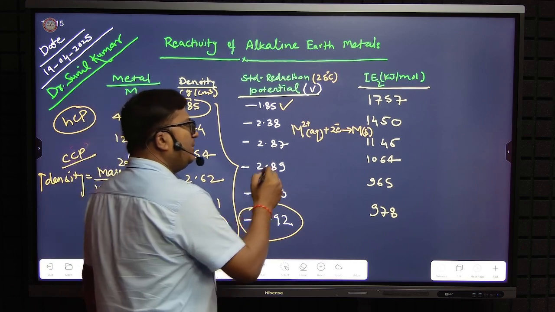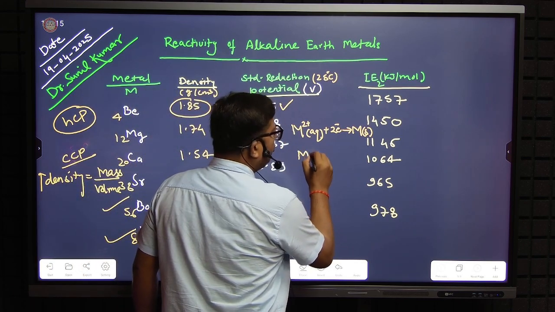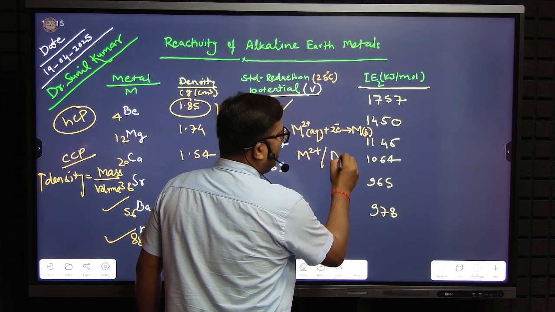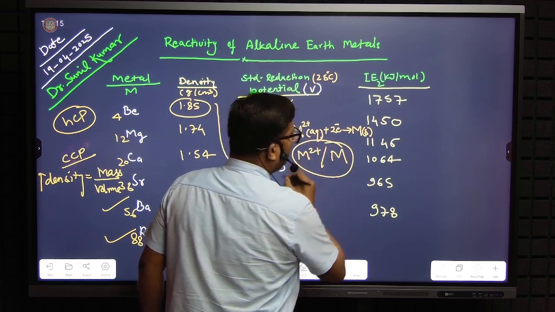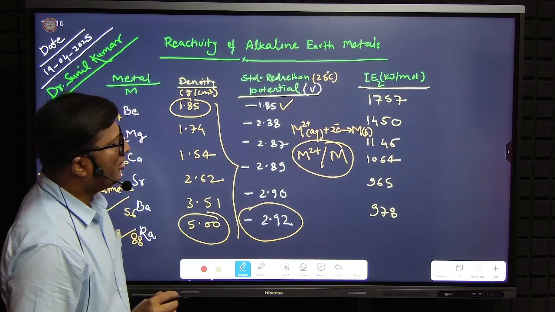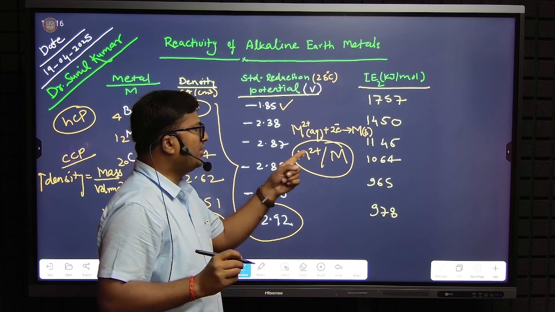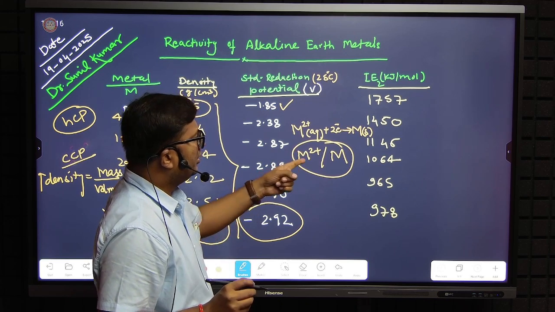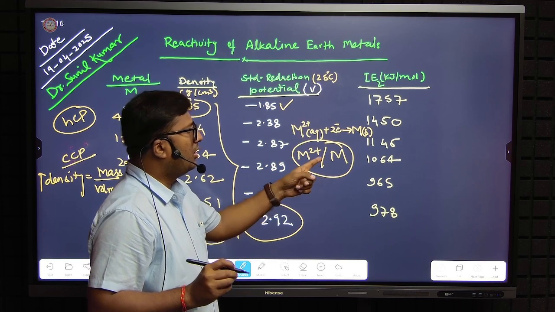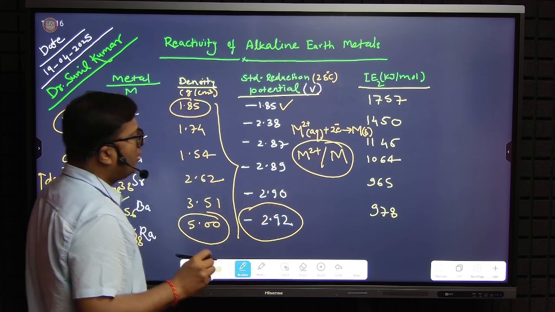So it means M 2 plus, M. This is the pair in a redox process. So M 2 plus undergoes conversion into elemental or metallic form.